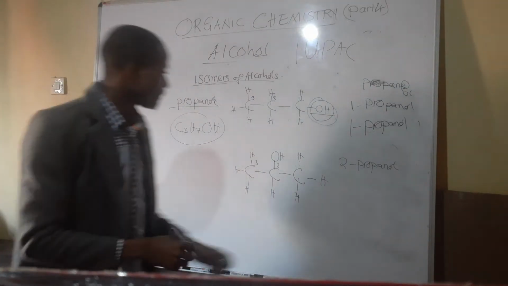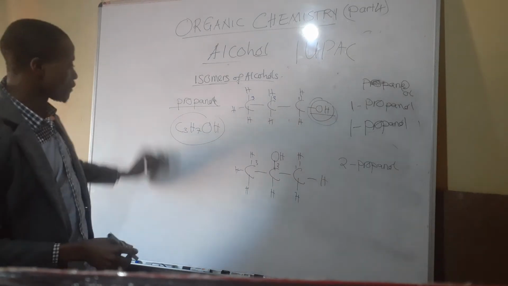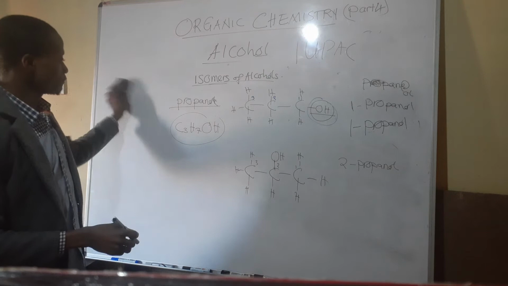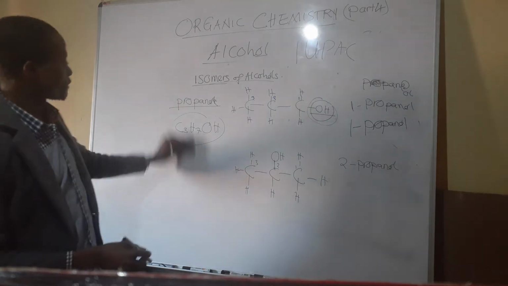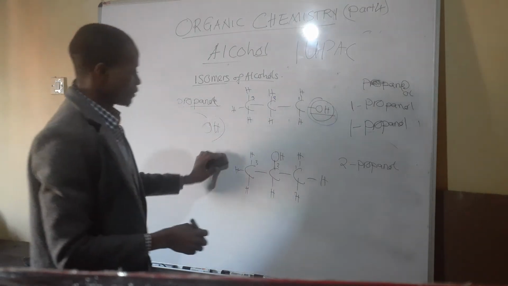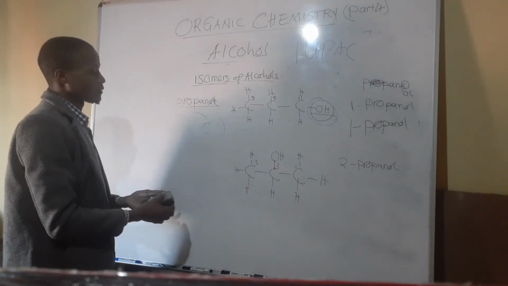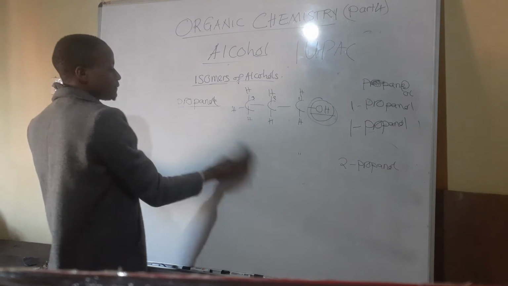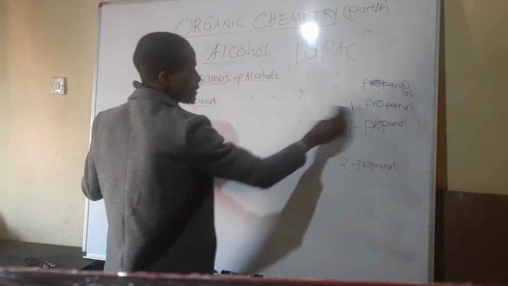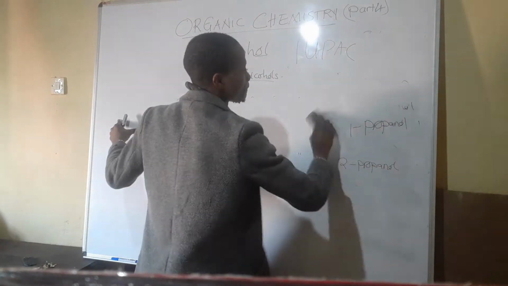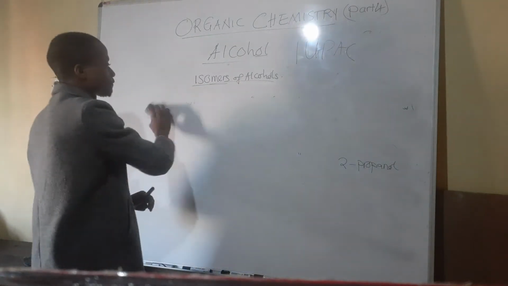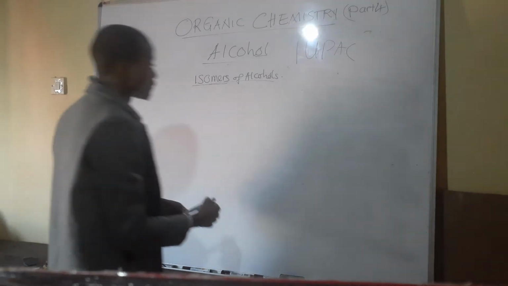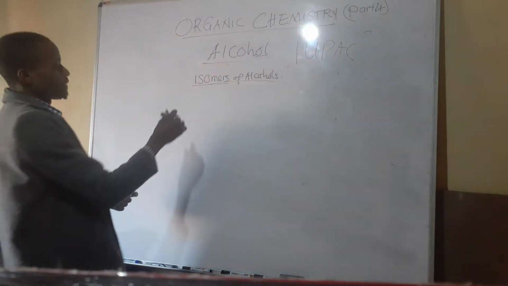Now, apart from the isomerism of alcohols, you need to know the reactions of alcohols. Or maybe we do another example of isomers first. We go to the one with 5 carbons, pentanol.